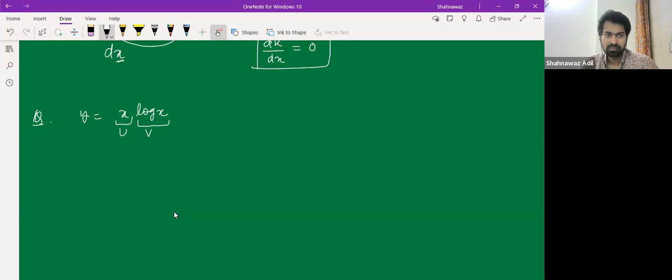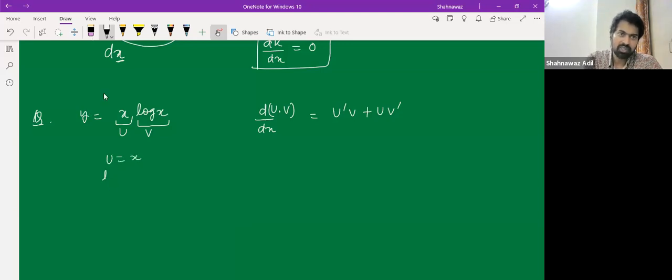So we will use the product property of differentiation. The differentiation of u times v is u dash v plus u v dash, right? So u is x and v is log x.